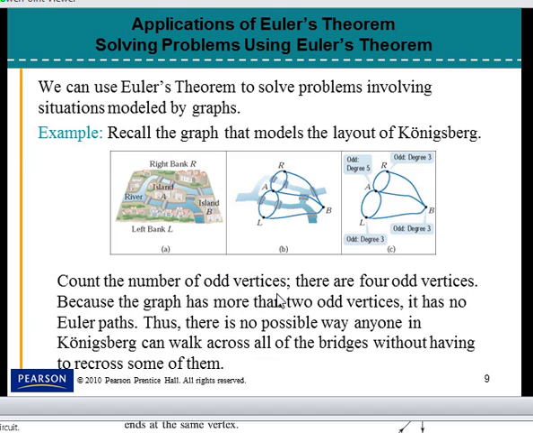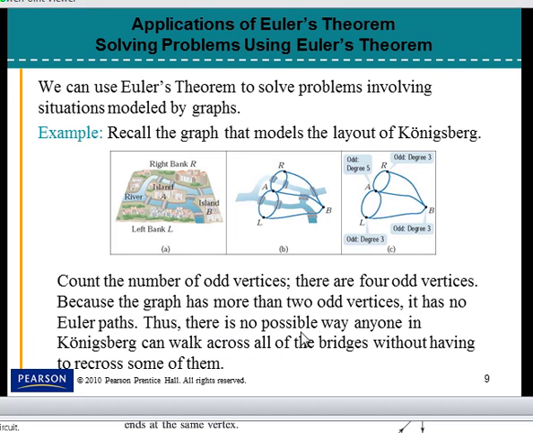Count the number of odd vertices. So we have 1, 2, 3, 4 odd vertices. There are 4 odd vertices. Because the graph has more than 2 odd vertices, it has no Euler path. And this is stated in Euler's theorem.